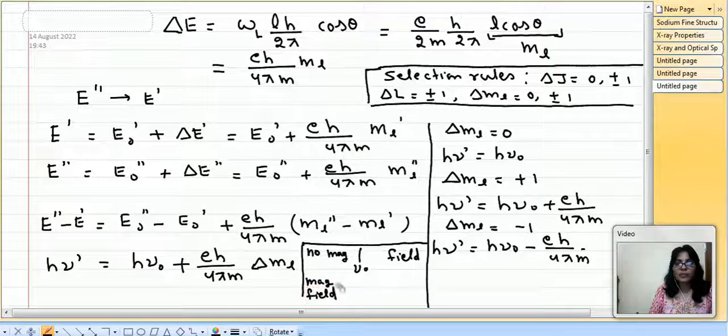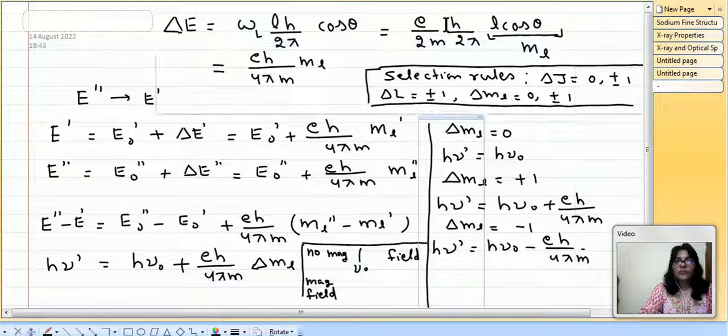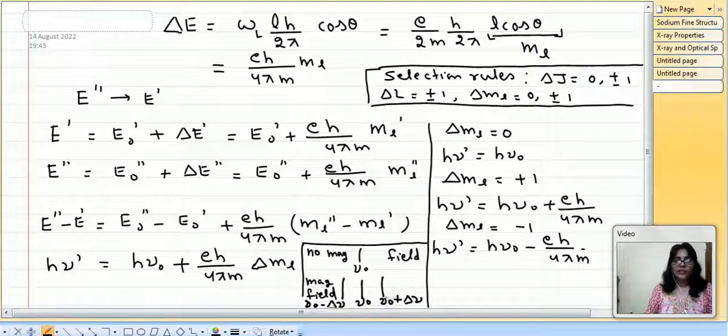When the magnetic field is applied, this single line will split into three lines: the original nu naught, then the increased one, nu naught plus delta nu, and then another, nu naught minus delta nu. So instead of one spectral line, we now have three different spectral lines. This is known as the normal Zeeman effect.